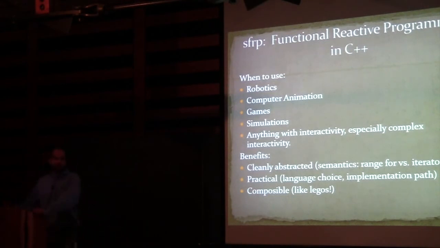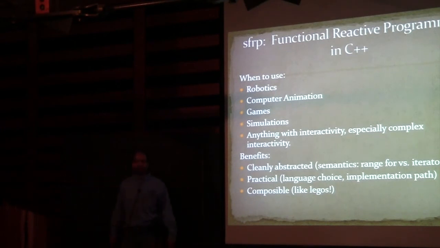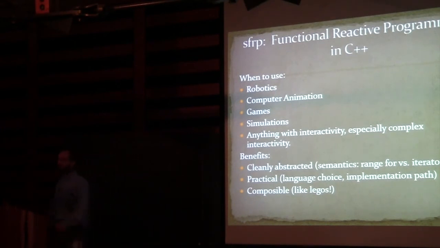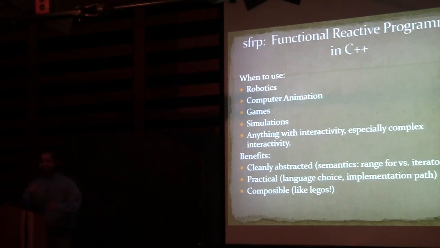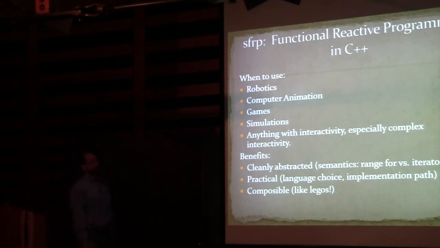This is in C++, extremely practical. And these things are composable. It's like Legos. How many computer programmers don't like Legos, right? Legos are awesome. And that's what this feels like. You just hit these things together and it works.